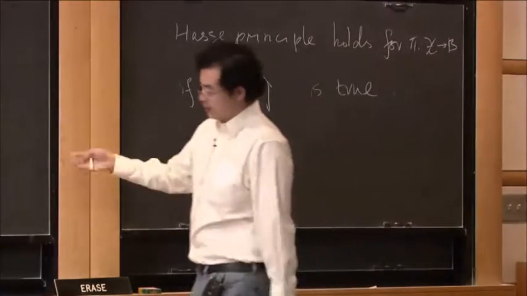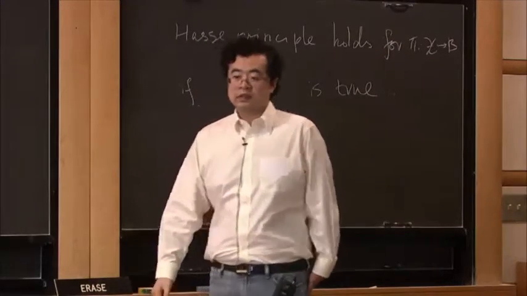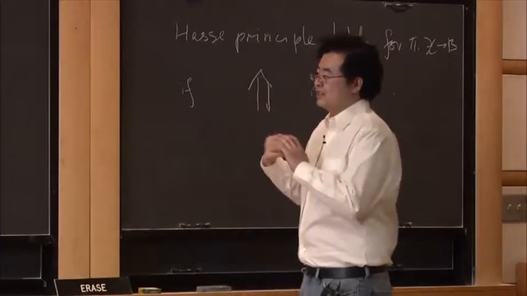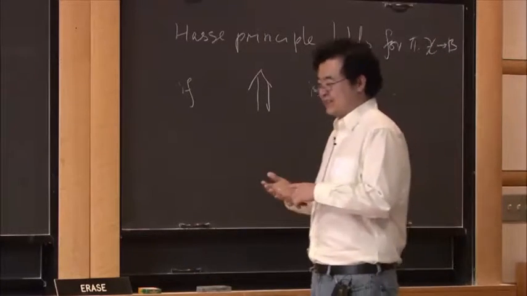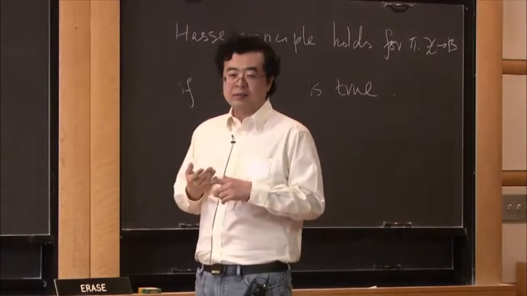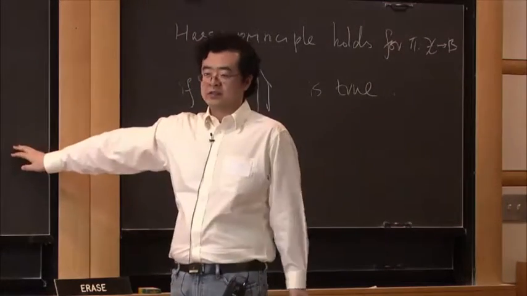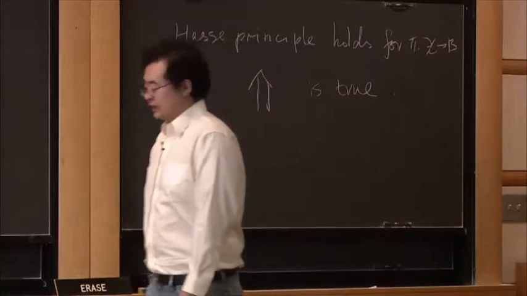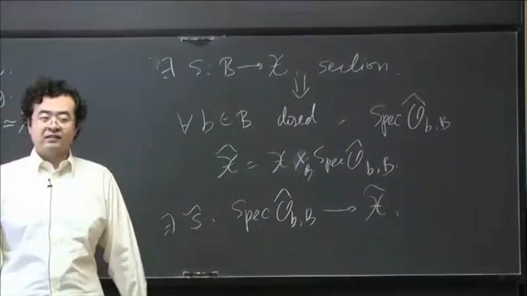In other words, this obvious necessary condition is also sufficient. In general, for global fields, the Hasse principle is formulated in terms of rational points and adelic points. But if you unwrap all the definitions, this is equivalent to this form. And since in this talk I'm going to explain a geometric approach, this is going to be the definition I take.